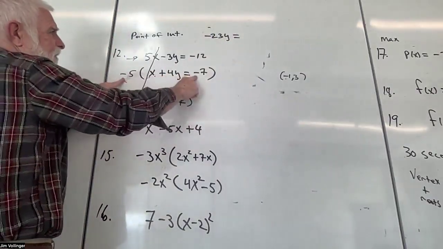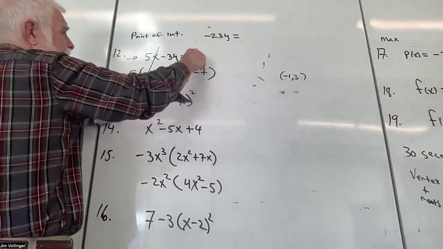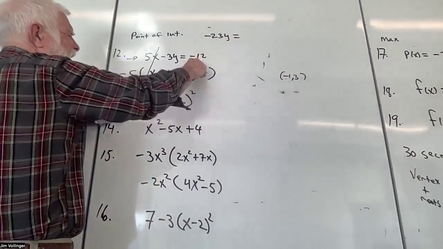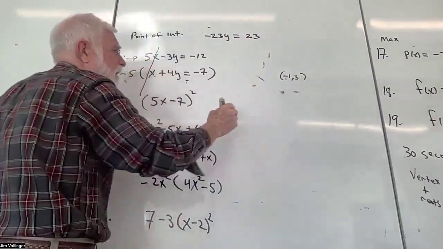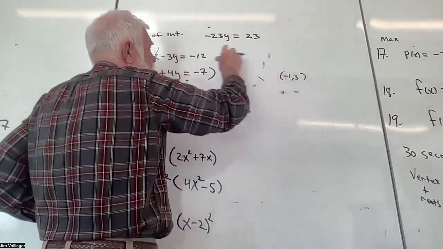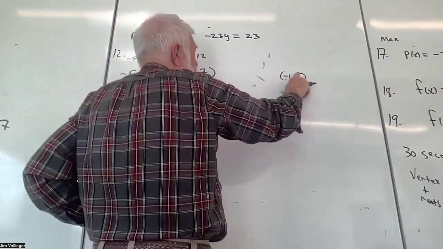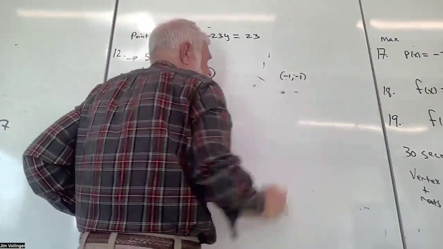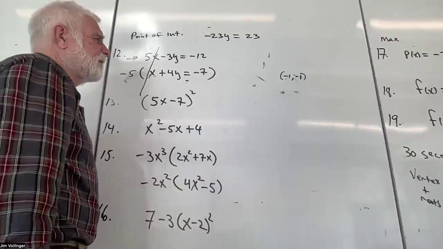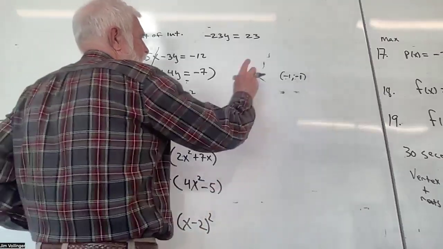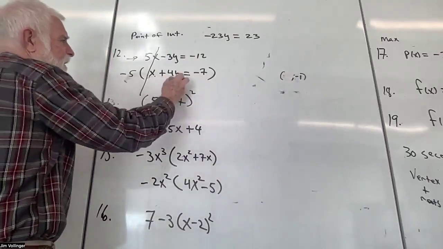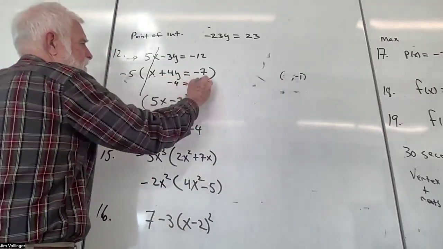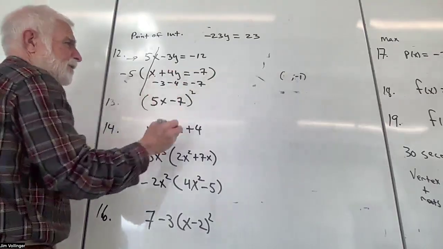Minus 5 times minus 7 is 35. 35 minus 10 is 25. And another 2 is 23. So my y value was -1. That's further down than I thought it would be. But that's okay. I'm still in the right vicinity. And my x's now that I have -1, well, I'll plug it in here. So that's -4, -7. Looks like it has to be -3.